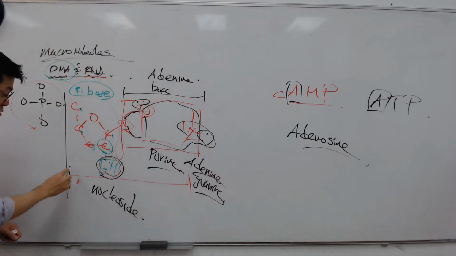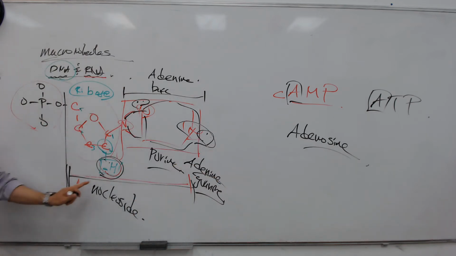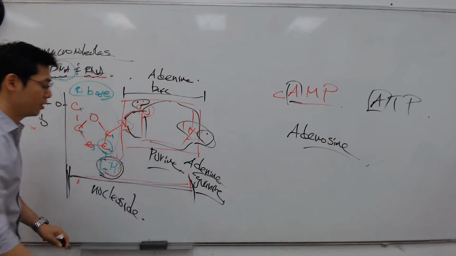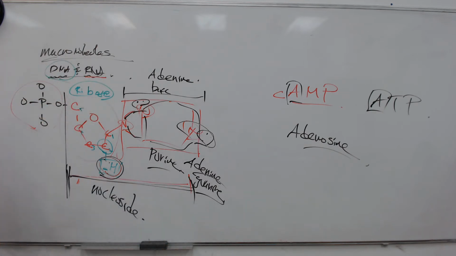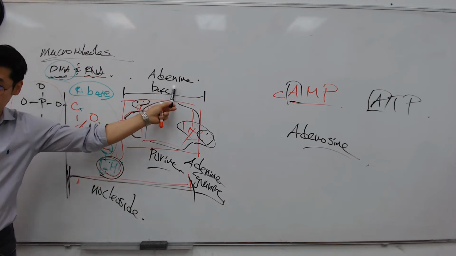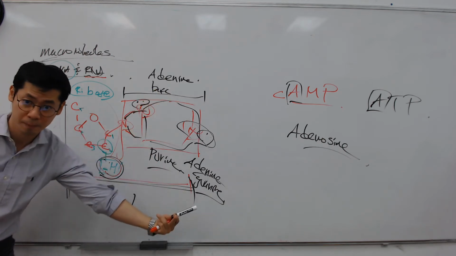The nucleoside, up to here. From here to here is what we call adenosine: the carbon sugar and the adenine. That's called adenosine. You understand, guys?